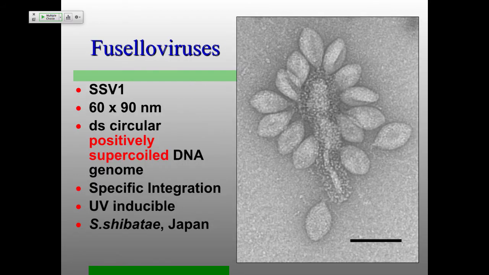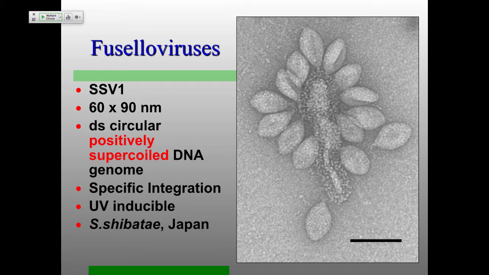Okay, so let's talk about our favorite, the Fuselloviruses. Again, these are these wonderful viruses, and thanks to Angela for making this particular one. This is the 3D printed version, higher tech, but that one I think is much cuter. The main one of the Fuselloviruses that have been studied is SSV1, or Sulfolobus spindle-shaped virus 1.